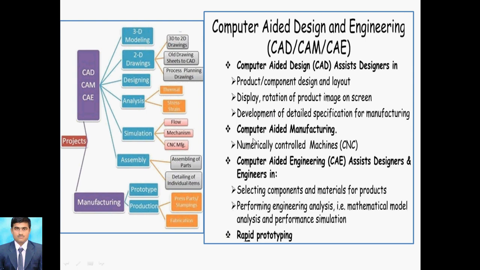The next factor is computer aided manufacturing. Computer aided manufacturing is nothing but, if the product is complex, at that time it requires a tool path for cutting purposes, or we can say manufacturing the component. At that time we can use CAM software.